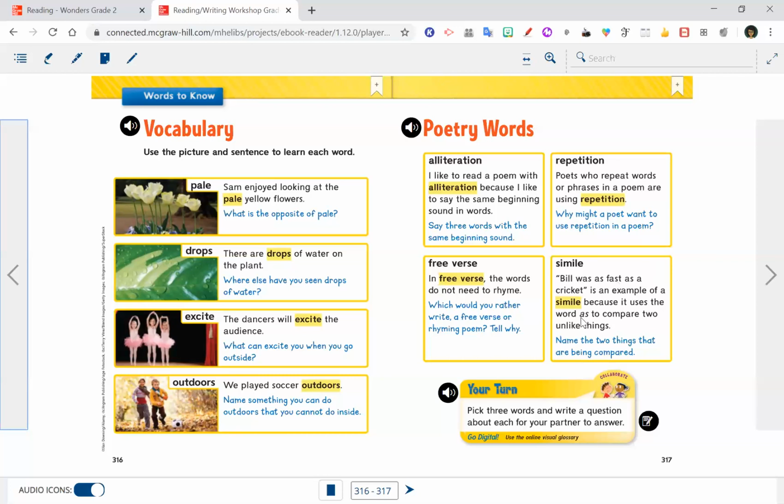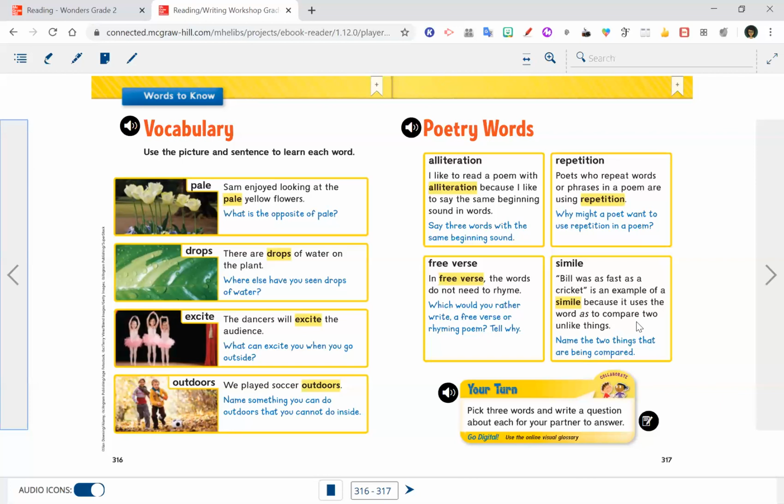So you're going to use the word as to compare the two unlike things. So I want you to think of two things that can be compared using the word as to make it a simile. I know sometimes I'm as hungry as a pig because pigs like to eat a lot. Sometimes it's our little secret, but sometimes I like to eat a lot too.